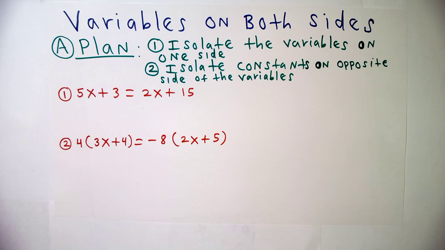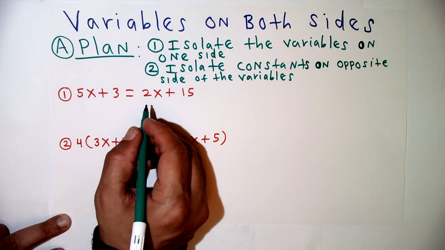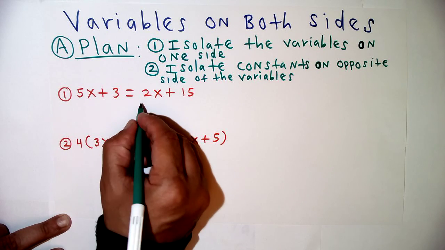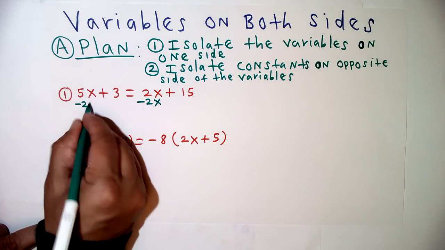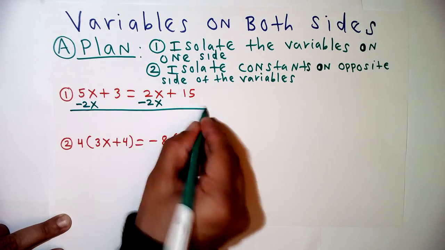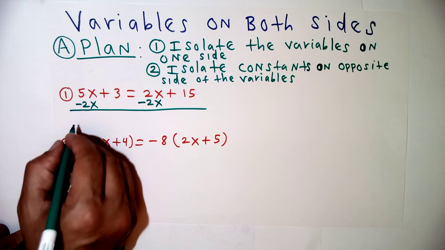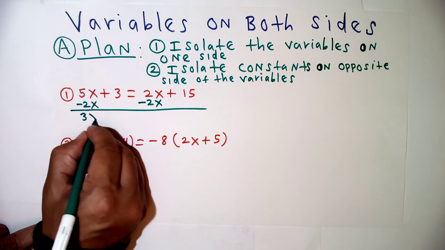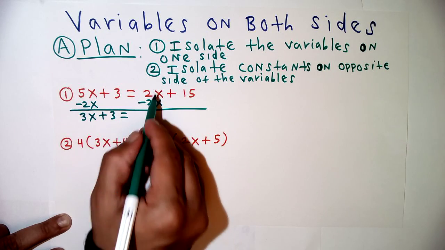So step one here, since 2x is positive, using rule of equality here, or subtraction, I'm going to minus 2x here, minus 2x here. 5x take away 2x is 3x. 3 here.